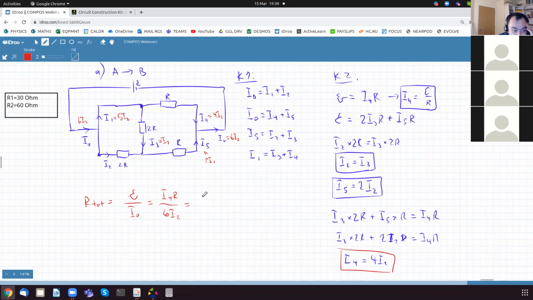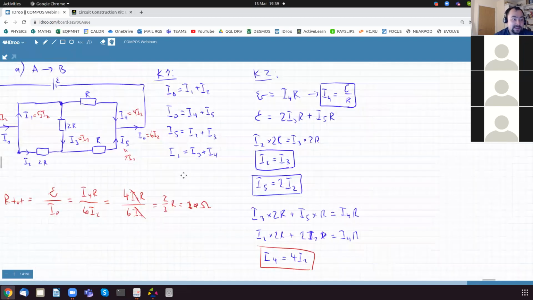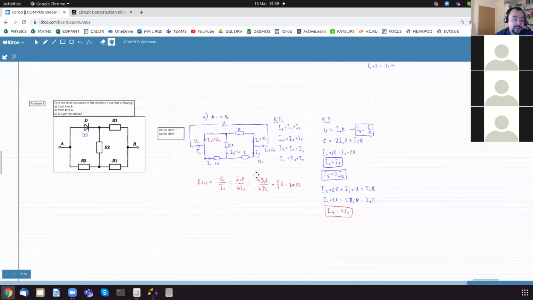So this is 4I2R divided by 6I2. Cancel. So it's 2/3 R, and R is 30, so it's 20 ohms. Quite messy. Do take your time to dive deep into this and actually figure out why it's 20. But the other option is much easier.